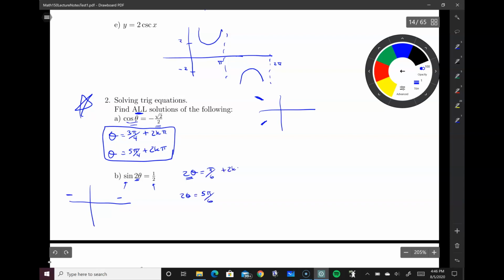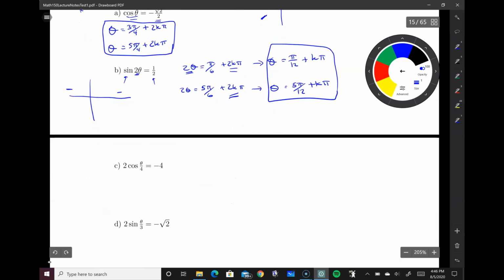So for each of these, I need to add on a 2k pi. It's really important you add the 2k pi here now, and then finish solving. Dividing by 2, you'll get pi over 12 plus k pi, and this one here, you get 5 pi over 12 plus k pi. So these are the answers.